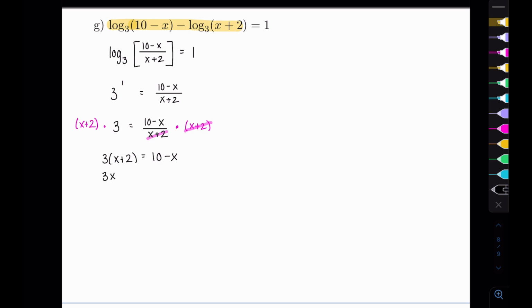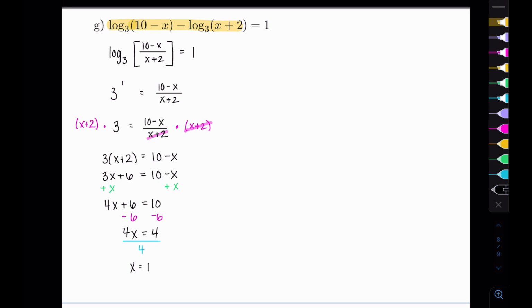Distributing that 3 gives us 3x plus 6 is 10 minus x. And now I just got some rearranging. We can add the x to this side, and that gives us 4x plus 6 is 10. And then we can subtract the 6 to give us 4x equals 4. So finally, dividing both sides by 4, we end up with a single solution of x equals 1.